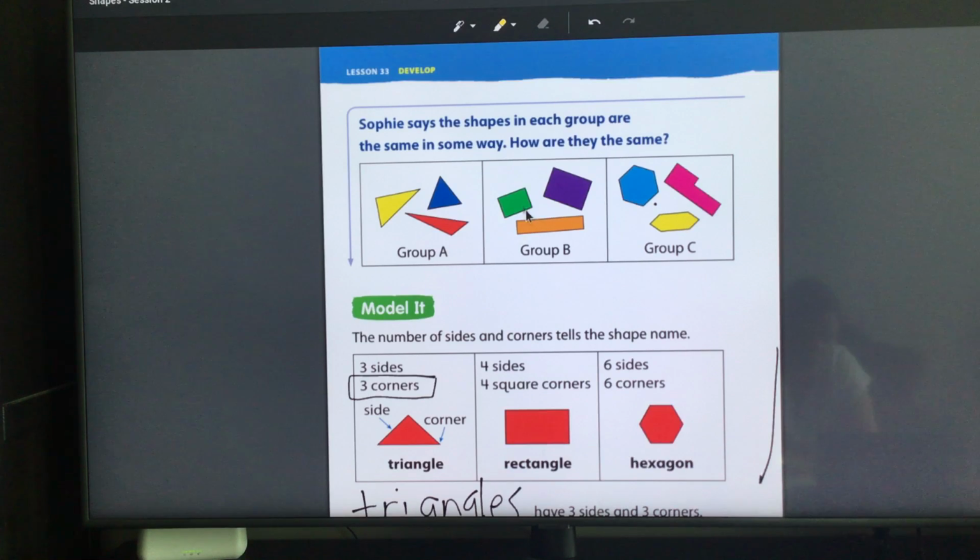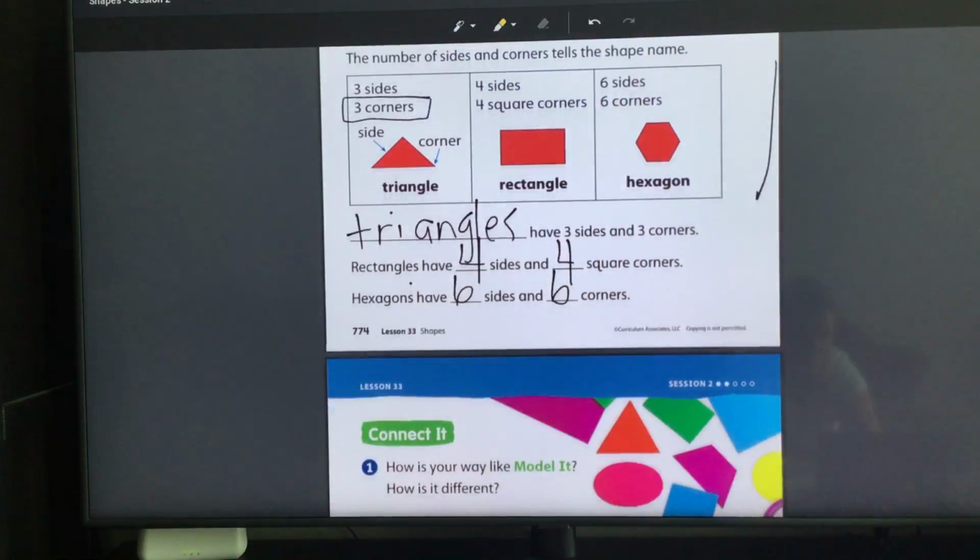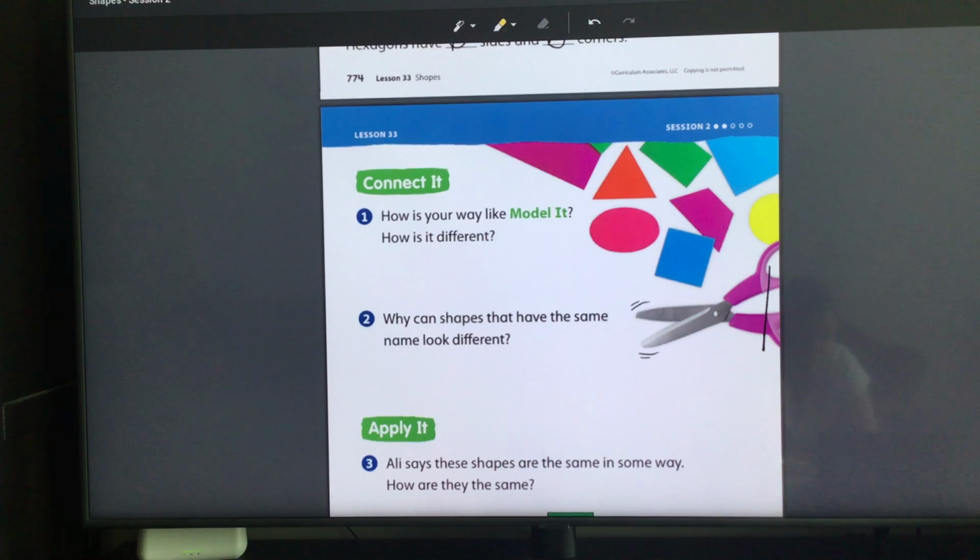As we look at the rectangles, this one is way longer than these other ones. This one is the smallest. This one has perfectly even sides like that. This one has small sides and big sides. Okay? So the reason that shapes have the same name but look different is because they can be different sizes.